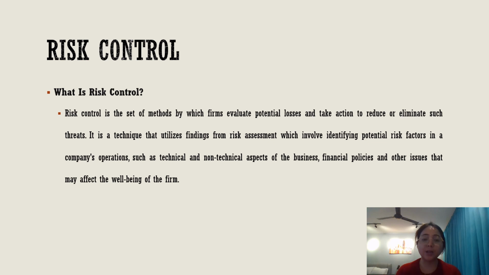It is a technique that utilizes findings from risk assessment, which involves identifying the potential risks in the company's operation, such as technical and non-technical aspects in the business, financial policies, and other issues that may affect the well-being of the firm. In this case, we are going to mitigate the risk control for our hazards based on our own case study.